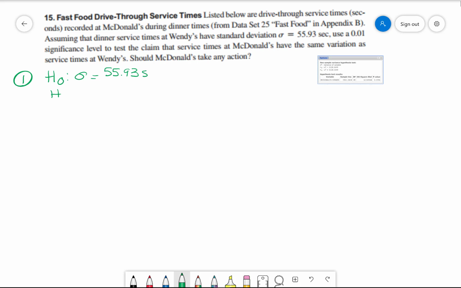And then my alternative hypothesis is that they are not equal. This is a two-tailed test, and it's one sample.